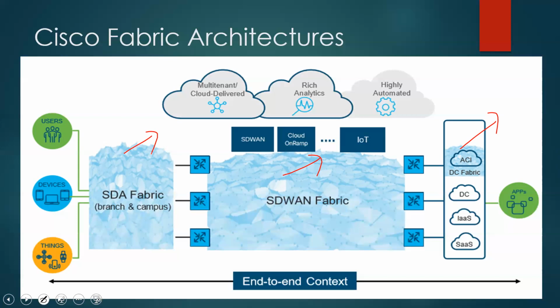Now, the concept here is that if you are integrating all three in one SD solution, they will form some sort of multi-domain architecture. So if all the routing tables of LAN, WAN, and ACI get merged somewhere, they will form an architecture, and that architecture is termed a multi-domain architecture.